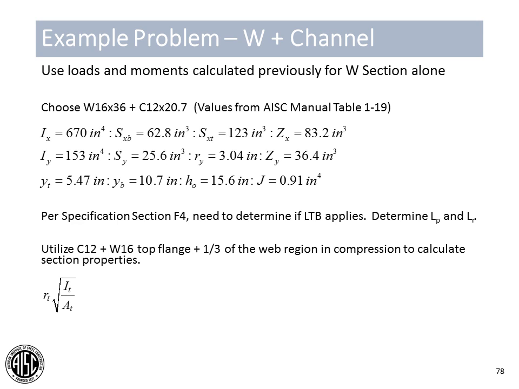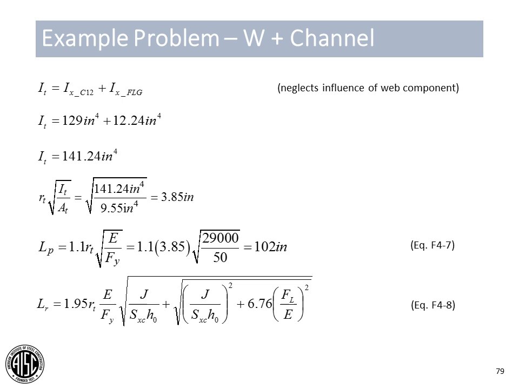So I'm not going to go through these long calculations, but you develop an R sub T factor, moment of inertia factor of a portion of your runway member. This includes the C12 plus the top flange or the compression flange of your member and 1/3 of the compression region of the web. And you get an R sub T value of 3.85 inches.